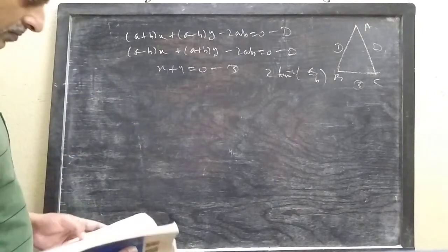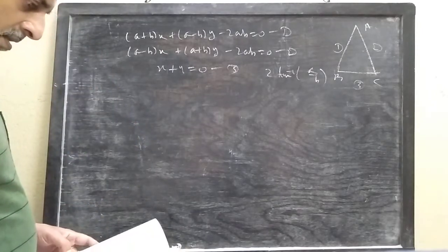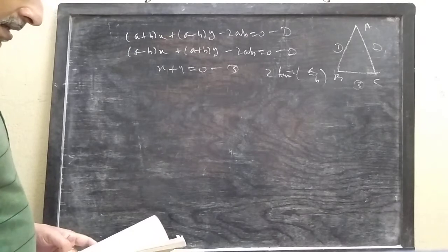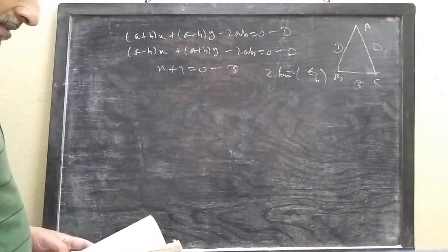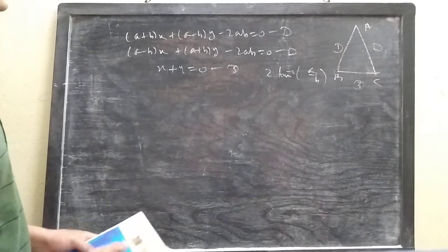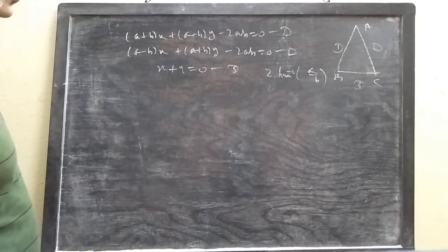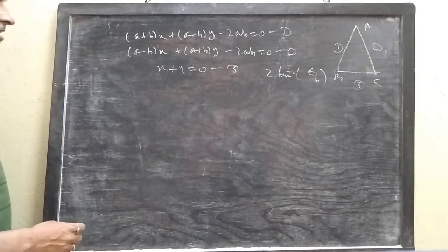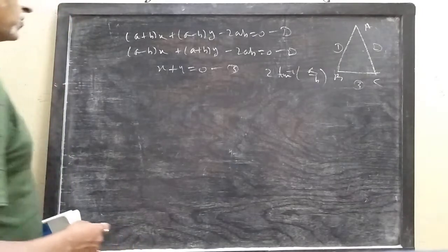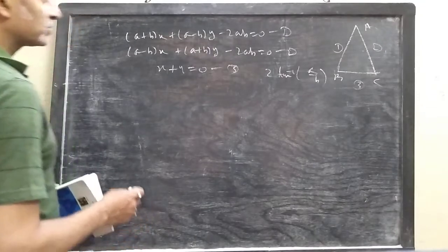We have to show the given straight lines are sides of an isosceles triangle. How can we show this? First write them in slope intercept form, because we have to find their slopes.